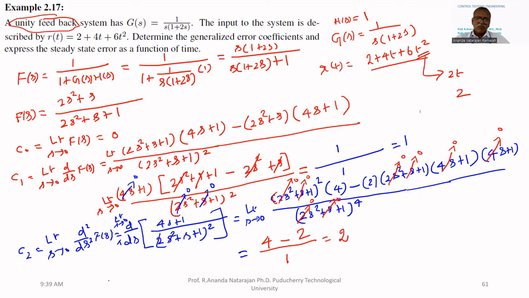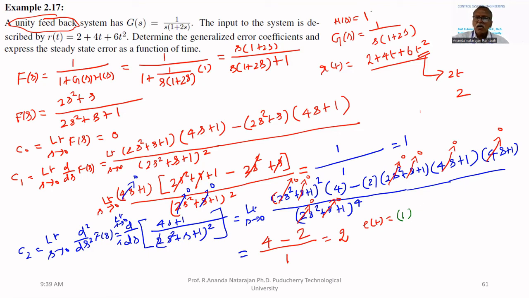C2 equal to 2. Therefore, the error series e(t) equal to C0, which is 0, plus C1, which is 1, multiplied by r dot.